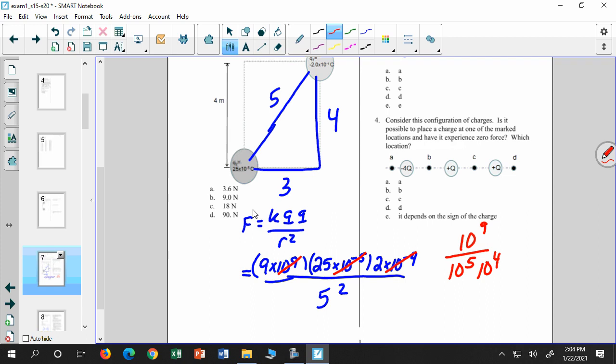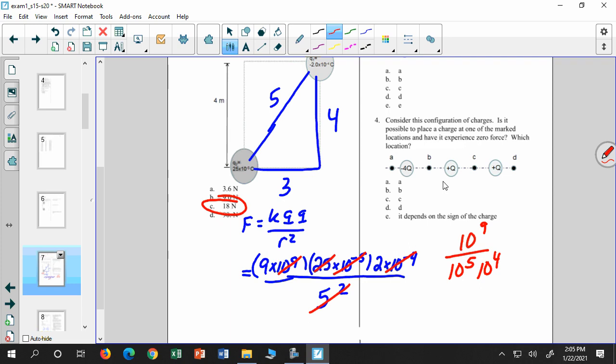When I multiply exponents like that, I add up the exponents. And then also here I have 5 squared. That cancels with the 25. So really I'm just left with 9 and 2 are 18 newtons. You should be able to do most of my tests without a calculator. Okay? Good example. You'll have a question like that on the quiz. Absolutely. Count on it. It'll be there.